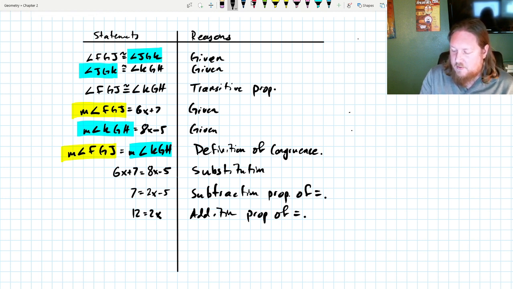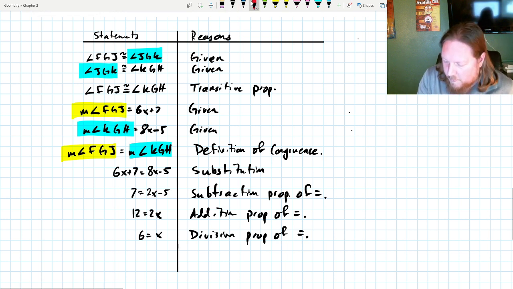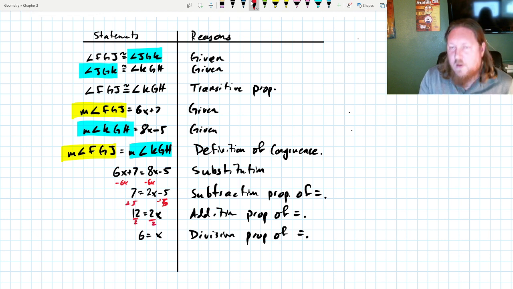Divide both sides by 2, and we get 6 equals x. That is the division property of equality. And I'm not writing the steps here for solving the algebra, but if you want to, on your little notes as you're working through the problem, put in what you're doing. Oops, plus 5 to both sides. Divide by 2 on both sides. You're welcome to do that if that helps you keep track of it.